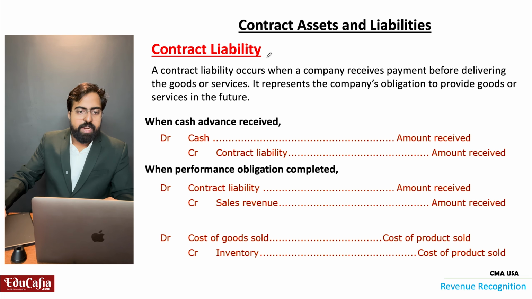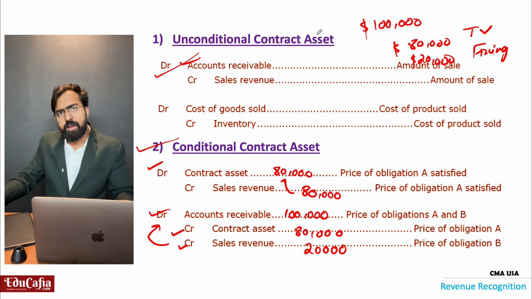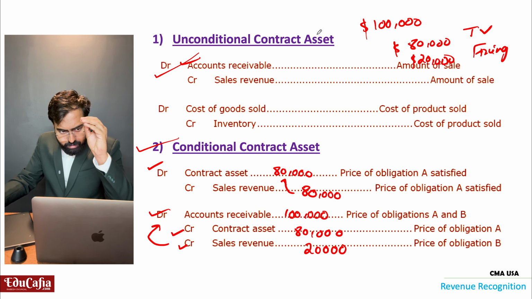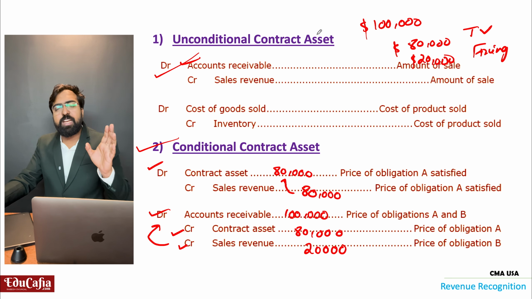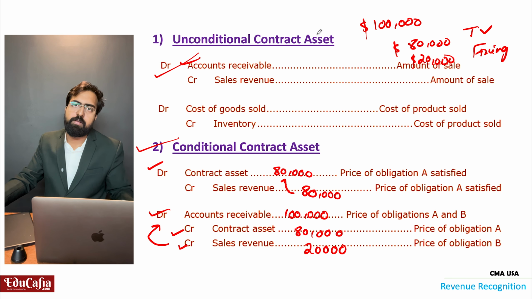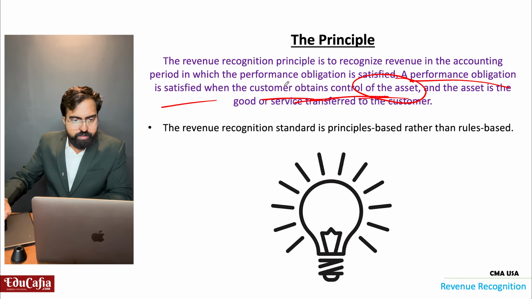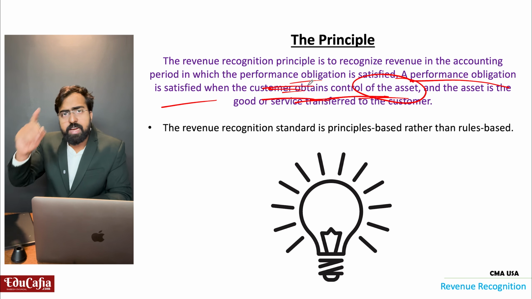If it is a contract liability, what will happen? I got the money, but performance satisfaction is still pending. I mean, what is that word? Performance obligation is still pending.